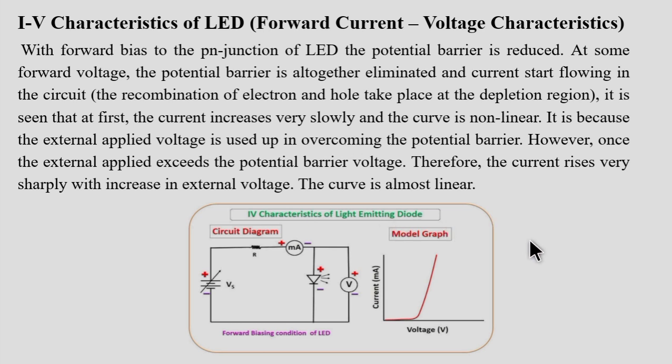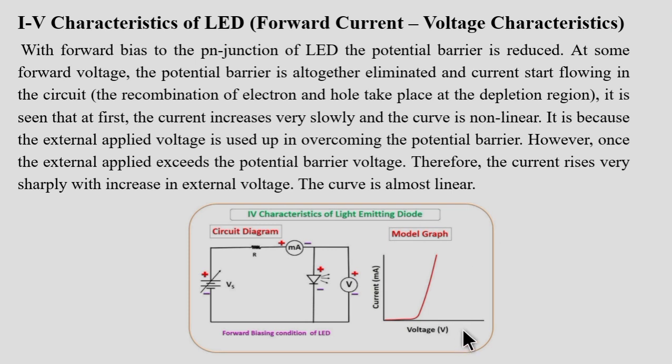Suppose you make a table where the voltage varies in very small values: 0, 0.25, 0.50, 0.75, 1, and so on. In this way you can increase by very small values of 0.25 up to 1, and the current initially becomes 0.